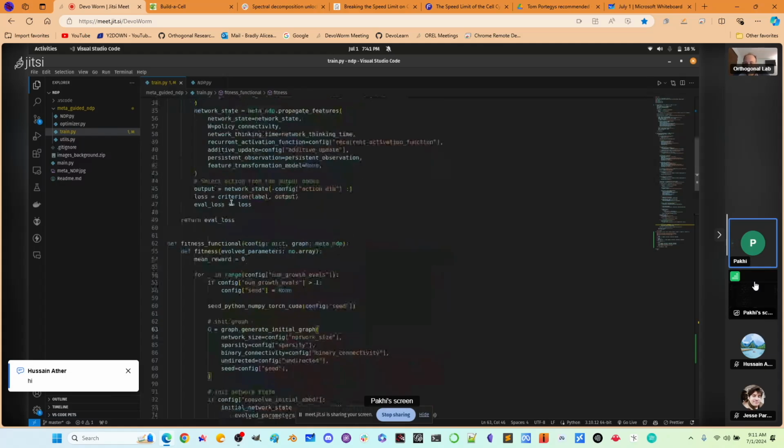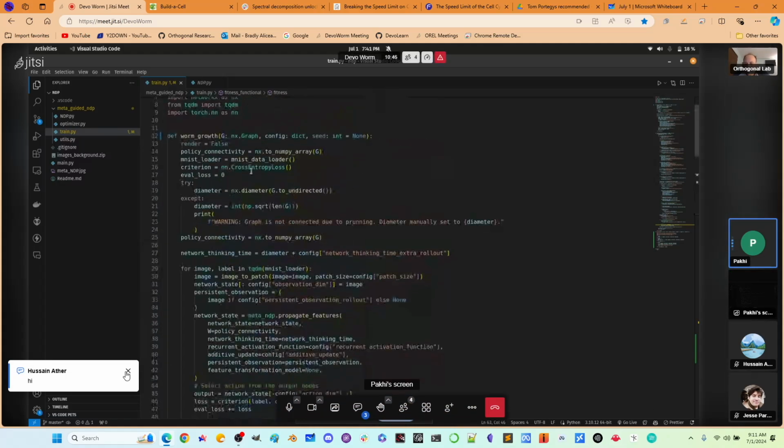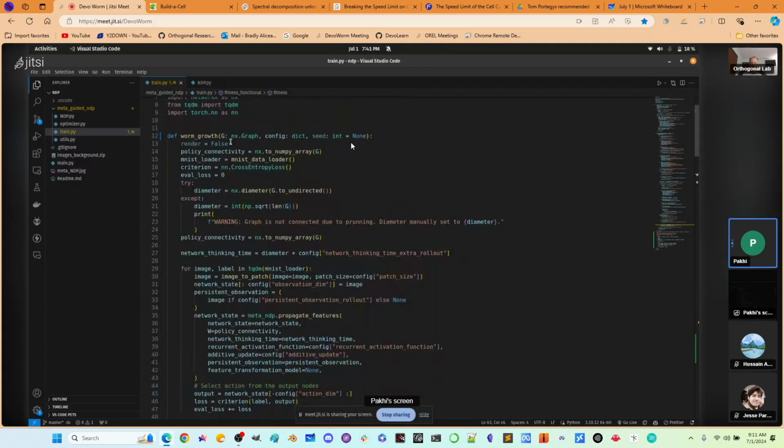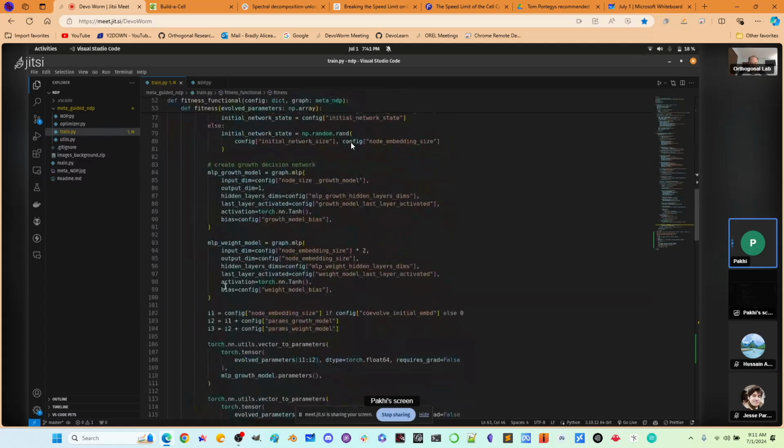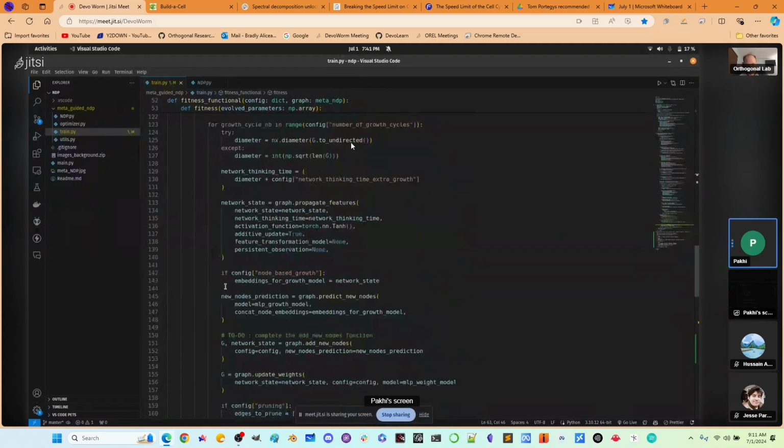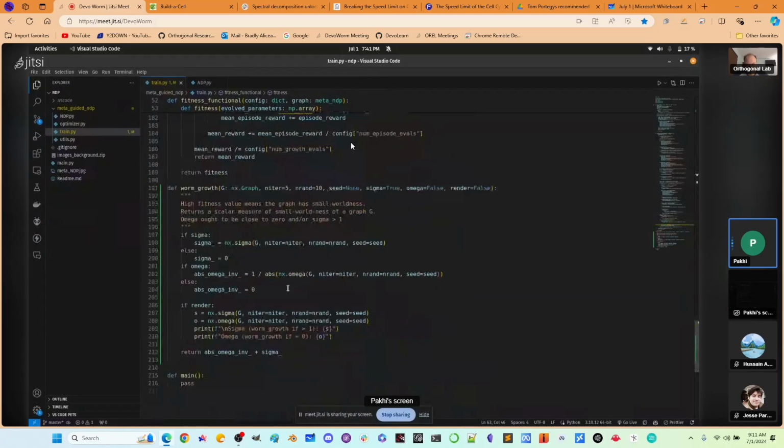This function is for the growing graph, and this is for fitting that graph with the multi-layer perceptron, which we were using for determining where the nodes will be added and the weights of the edges. And this is another function that I was experimenting with.